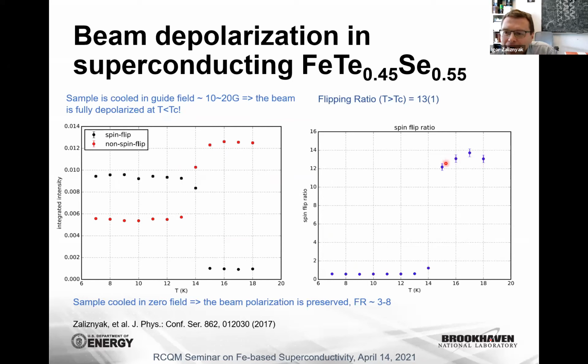This is a flipping ratio that measures how the neutron beam is depolarized as a function of temperature of the sample. You see this beam is well polarized above 14 Kelvin, and then boom, it goes down. So Tc is 14 Kelvin. That is a measurement of a transition temperature on a bulk sample by neutron scattering. Very expensive measurement, but it was not the goal of the experiment.